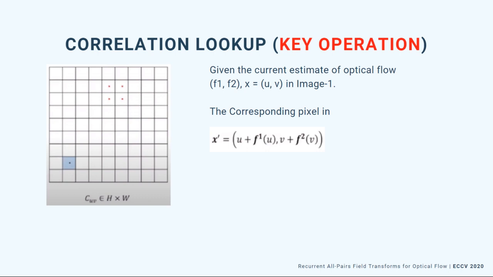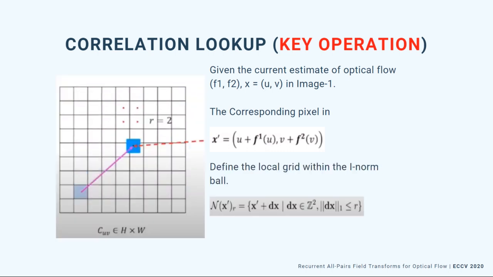Given the current estimate of optical flow f1 and f2 and the pixel x1 with coordinates u and v in image 1, the pixel is drawn in a grid and this grid is a correlational response in image 2. We can express this corresponding pixel in image 2 as x prime, with u and v plus the flow vector. X prime here.